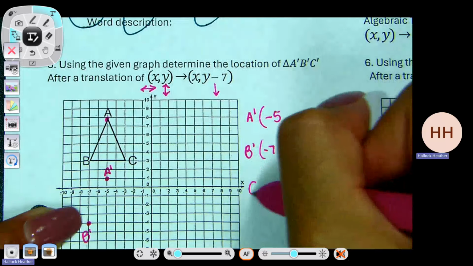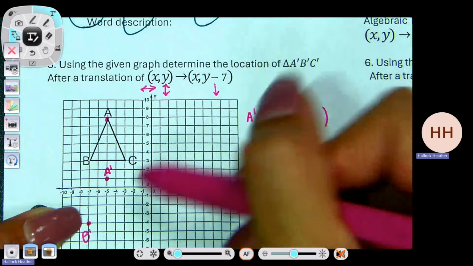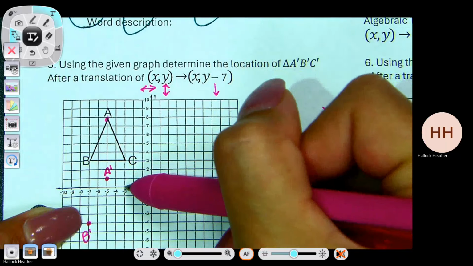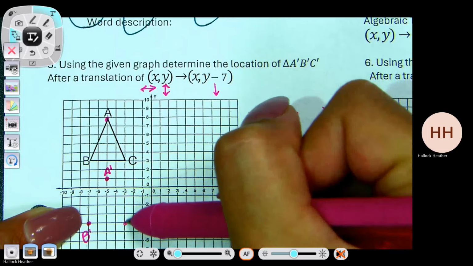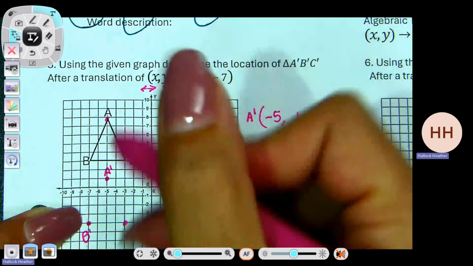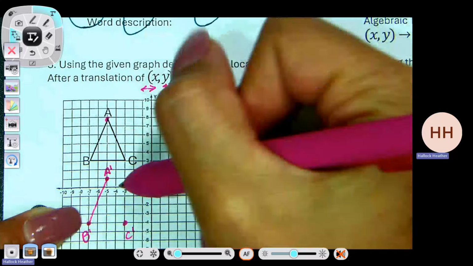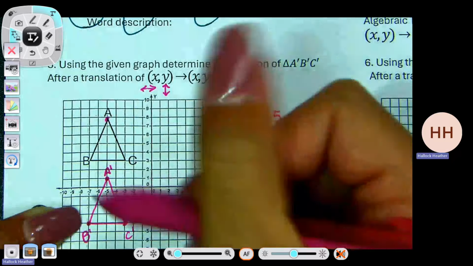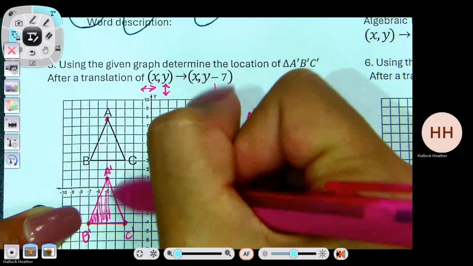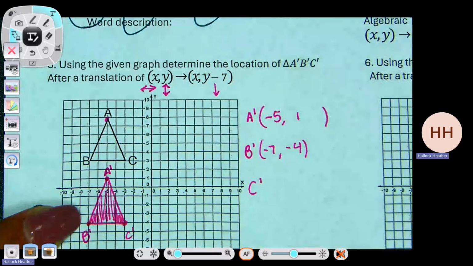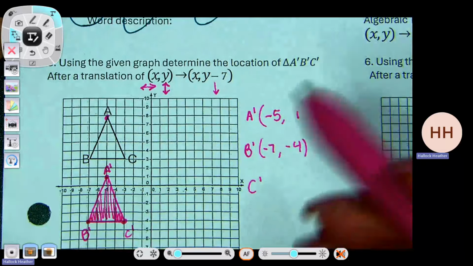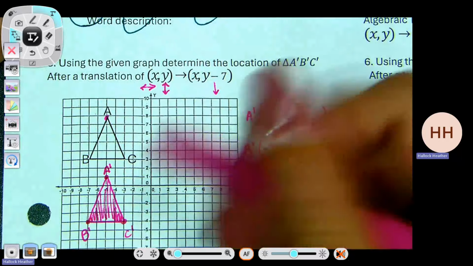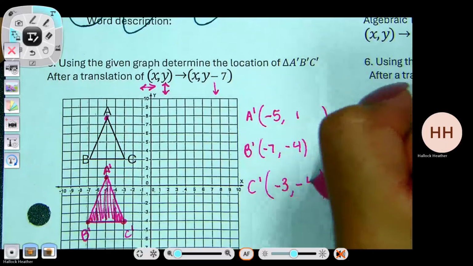And then C prime, last but not least, I'm just going down 7. So these are rigid transformations, meaning it should look exactly the same when you move it. It should look identical to it. So if it looks a little off, that just means you probably plotted one of the points wrong. So C prime is at -3, -4.